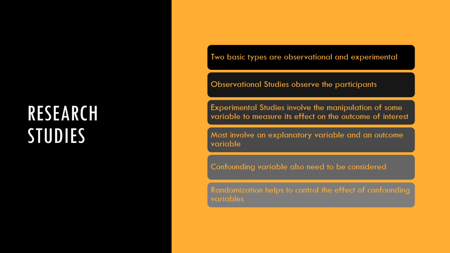Now, a good way to try and avoid this is through randomization, because it helps to reduce the effect of that confounding variable, and the best way to do that is to randomly assign people. So say you're doing a medical study where you're giving one group the actual medication and you're giving the second group a placebo. You don't want to have someone picking specifically who goes into what group based on anything.